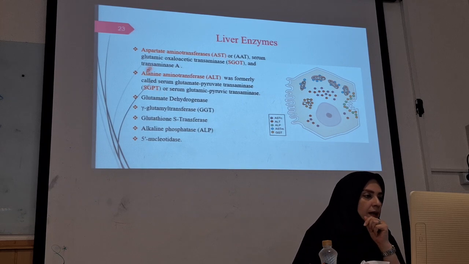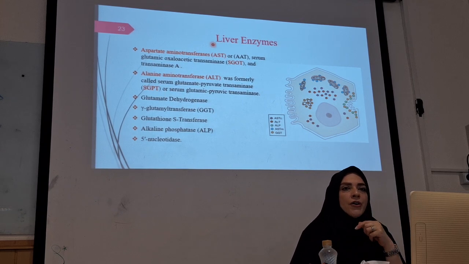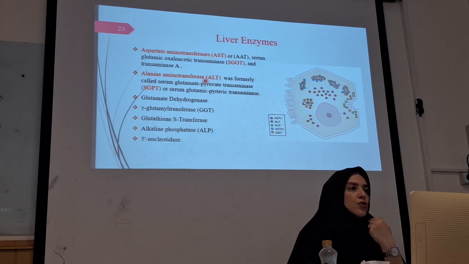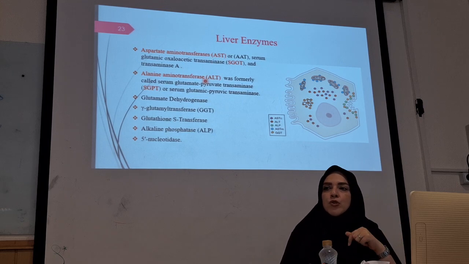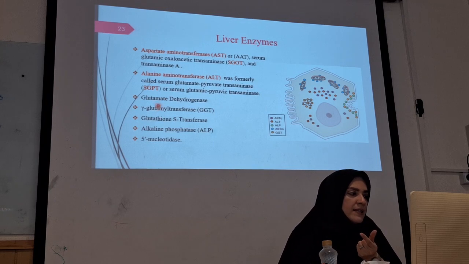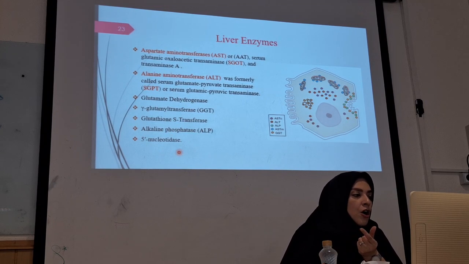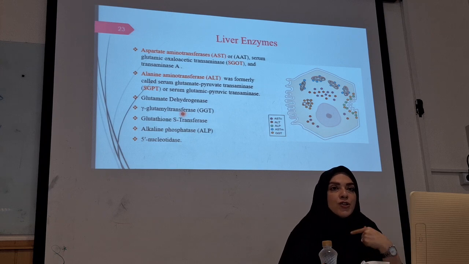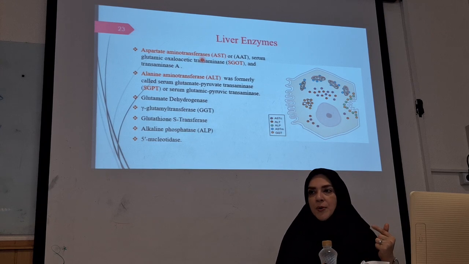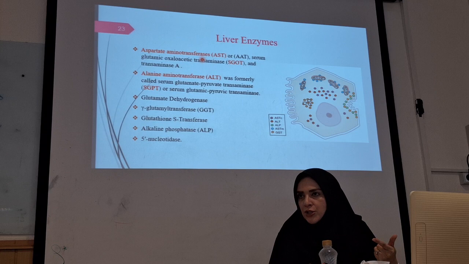If these enzymes are abnormal, you should ask, for example, for sonography, or other enzymes, maybe glutamate dehydrogenase, GGT, gamma glutamyl transferase, and other specific enzymes. But these are not for a normal routine checkup. Only aminotransferase is considered for a normal checkup.